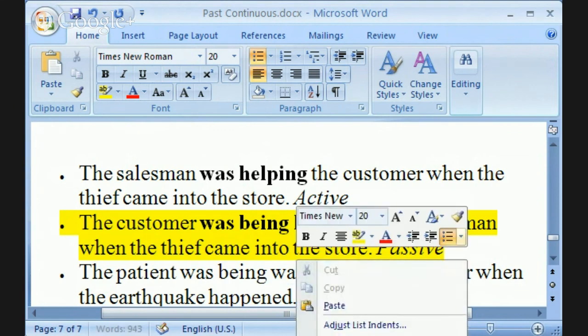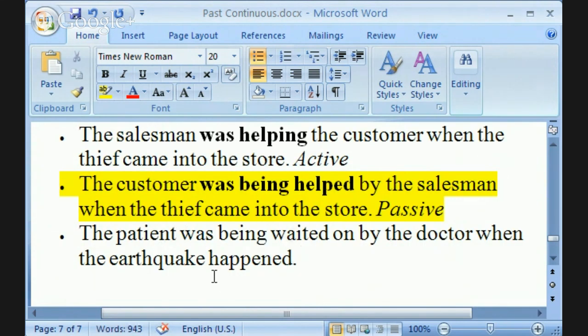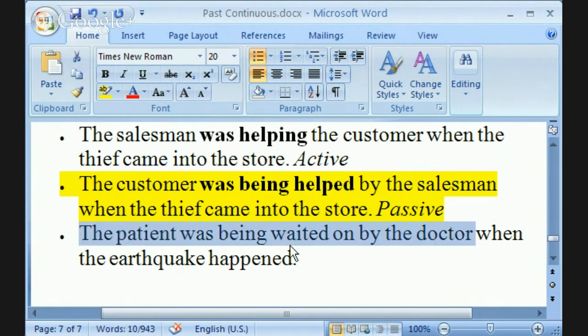Of course, now normally we're waited on by a waiter or a waitress in a restaurant. But it does mean being served, so it's more or less possible. In our country, not possible. For us, possible. The patient was being waited on by the doctor. We normally would never say this in English.